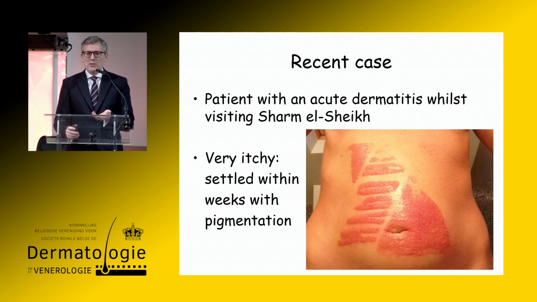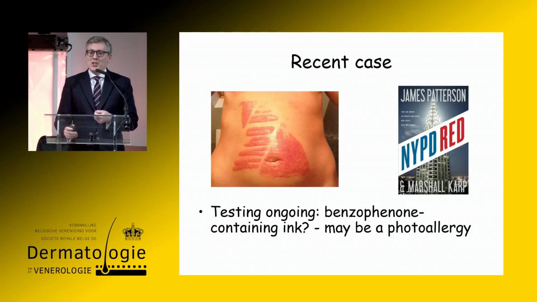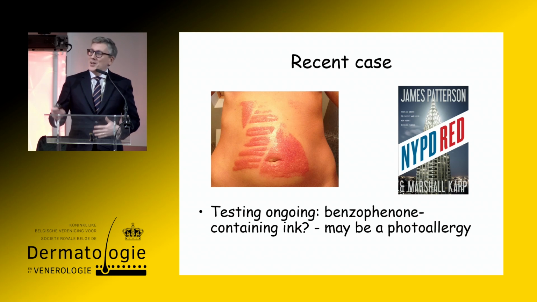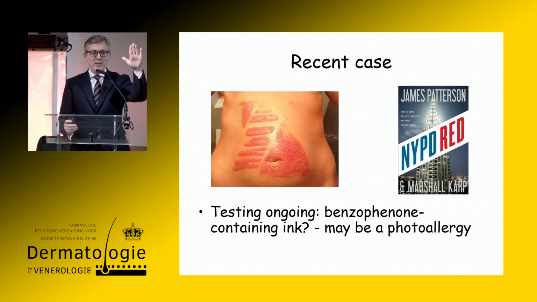Can any of you guess what the exposure was here? Well, I'll give you a clue. So she had a book resting on her abdomen, and you can see NYPD red in reverse, mirror image on her abdomen. It's the most amazing thing.